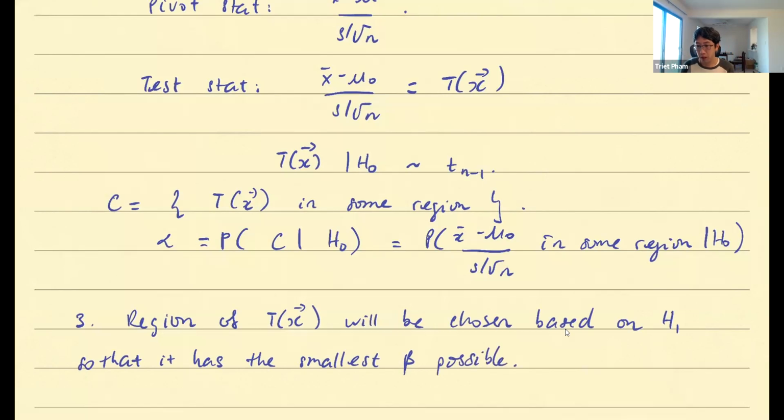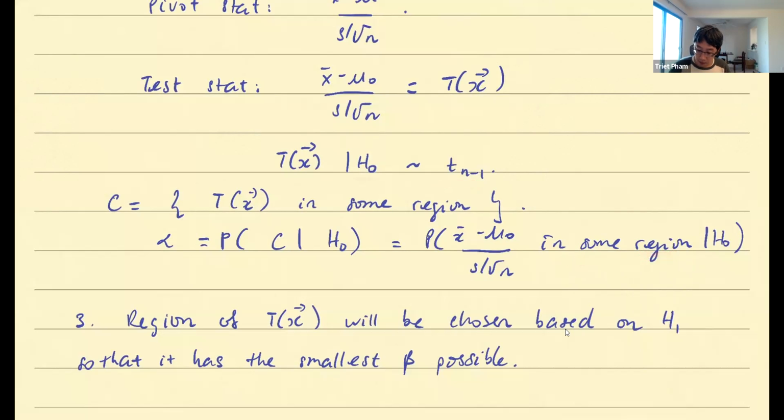All right. Basically, once you nail down the test stat like this, because you know that under the null this has a T distribution, the region here is still unclear. Actually, there are still many choices for this.